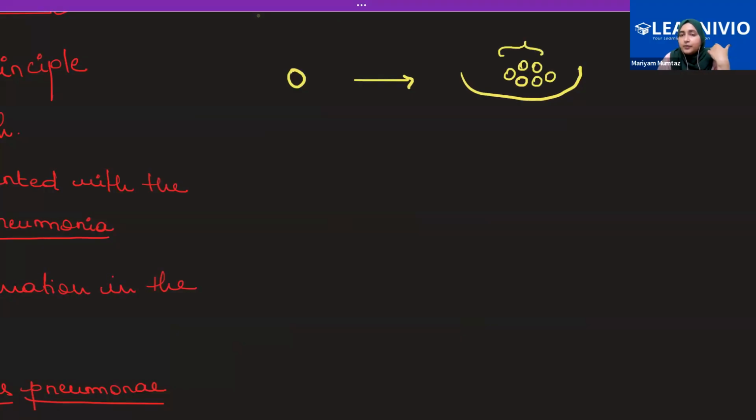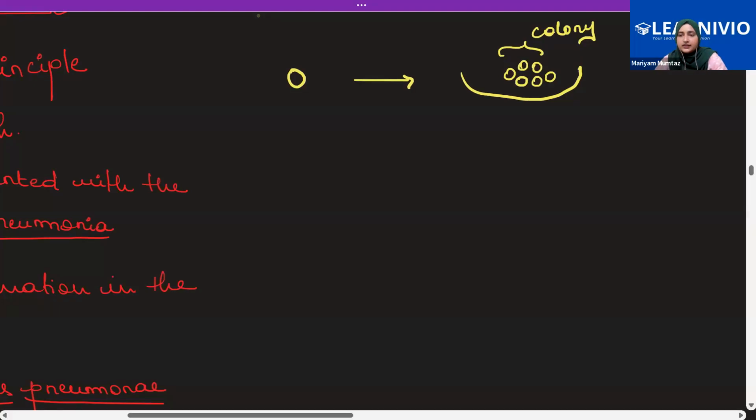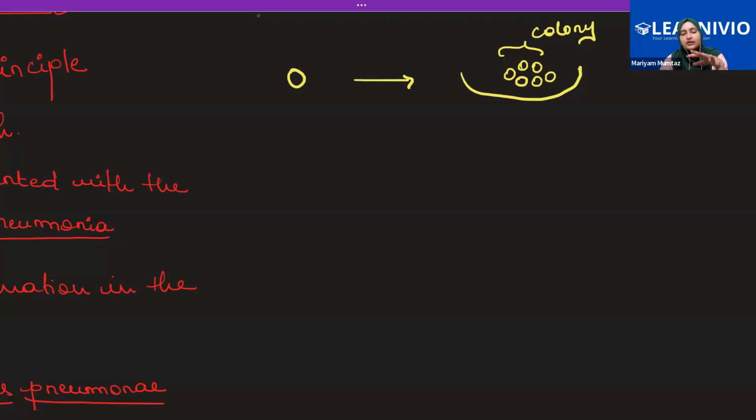The increase in the population of the bacteria is called the colonies. Now, the bacteria Streptococcus produces two types of colonies. When you see the colony growth on a petri plate, you will either see that it is clearly round, with perfect color and shine, or sometimes it can be rough, not that perfect in color and all of that sort.